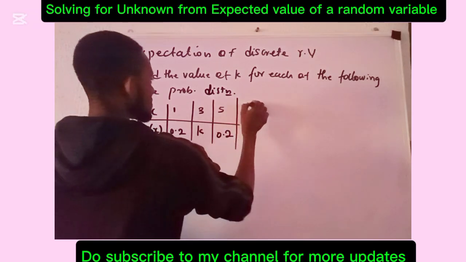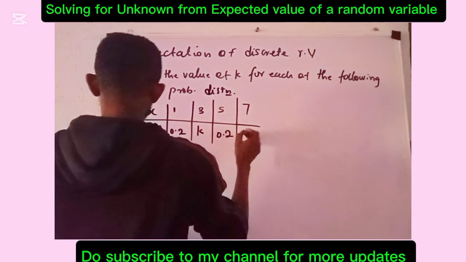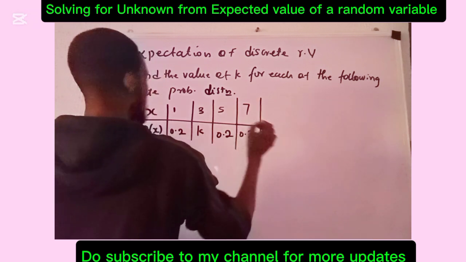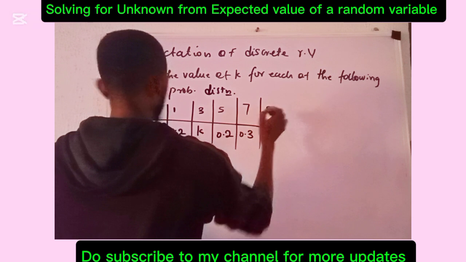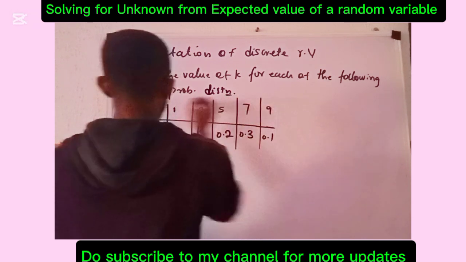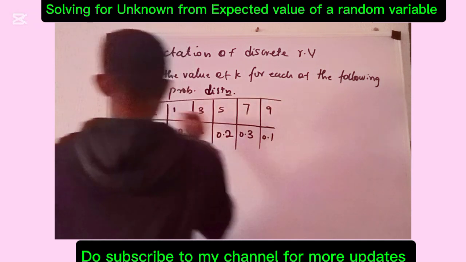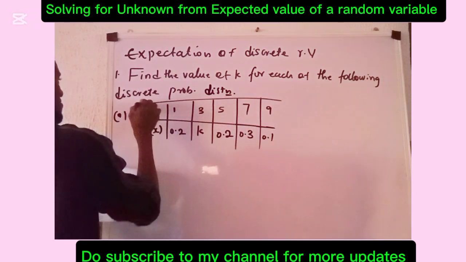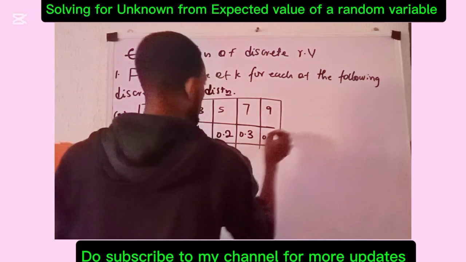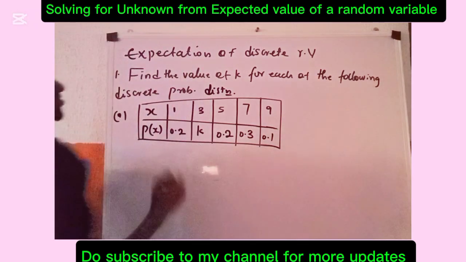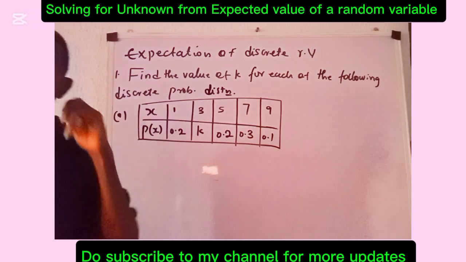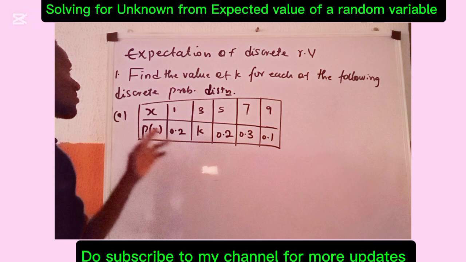Here is 7, here is 0.3. Here is 9, here is 0.1. So this is question number 1A. When we are done with 1A, we begin with 1B.